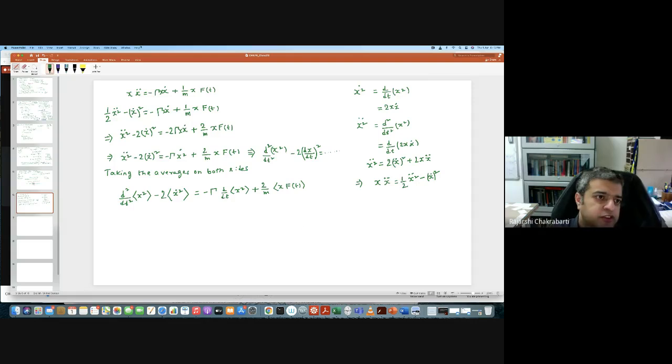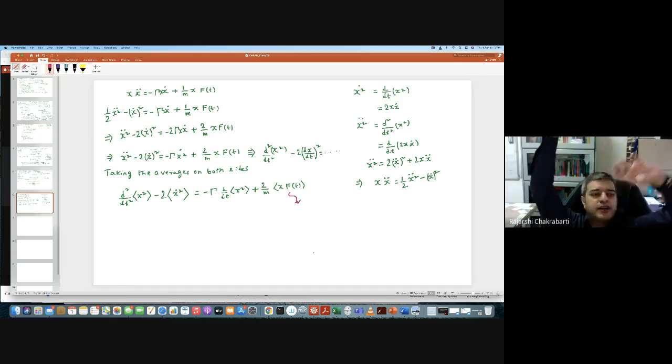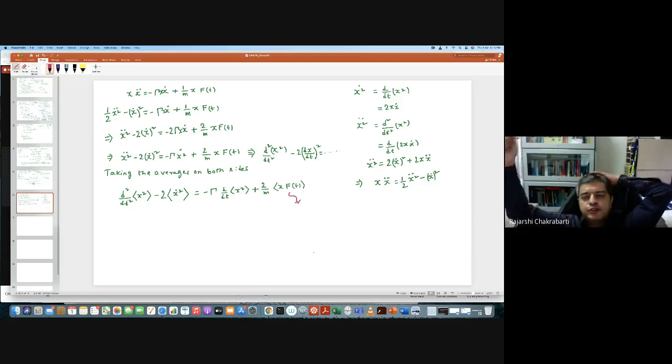Now I'll go one by one. Tell me what this is on the right hand side: the quantity x F(t) average. Actually, this is 0 because there is no correlation between position and random force. When the particle is here or here or here, that does not determine what random force acts on the particle. You understand now? So this correlation has to be 0.